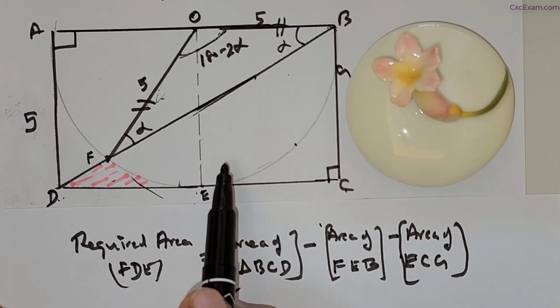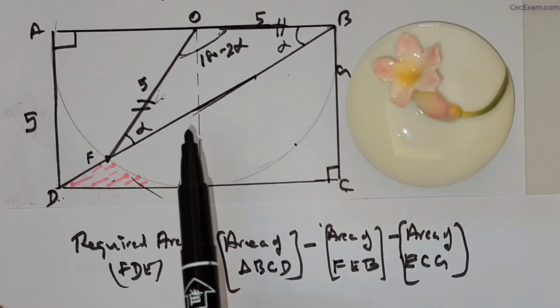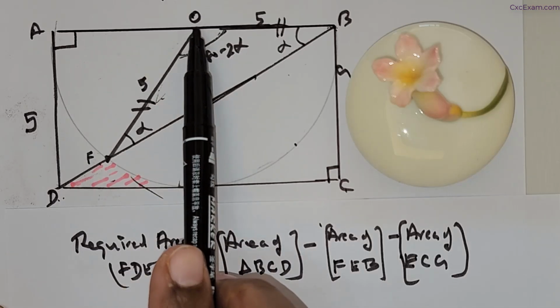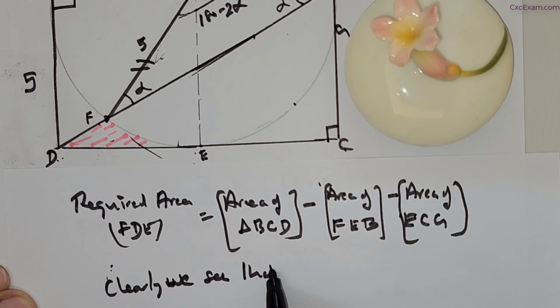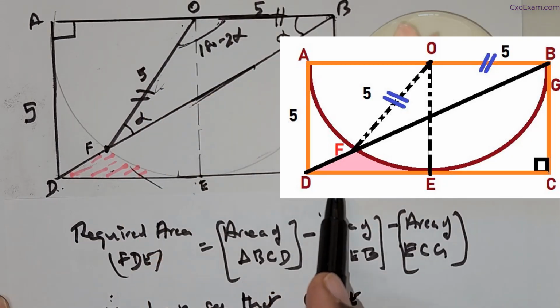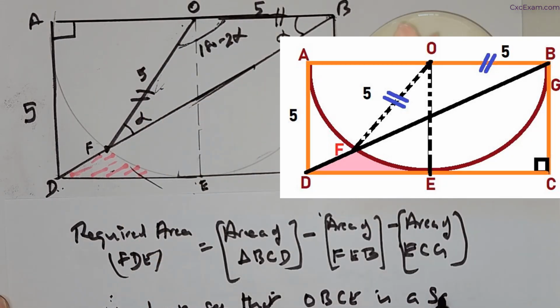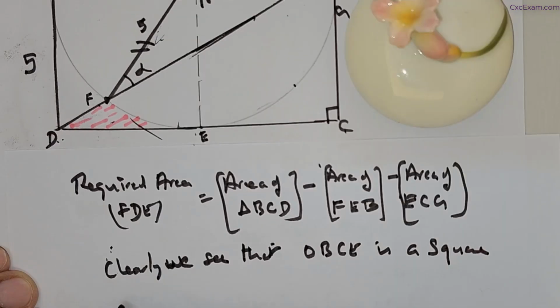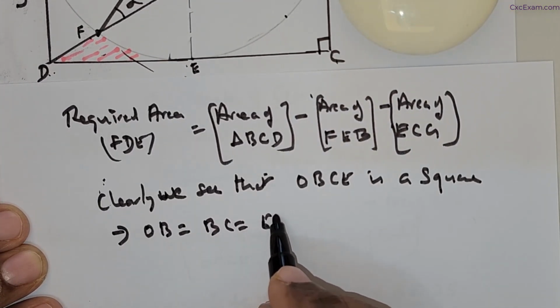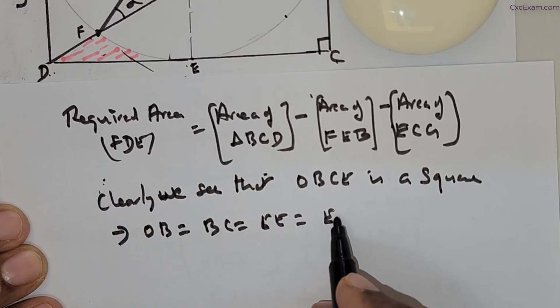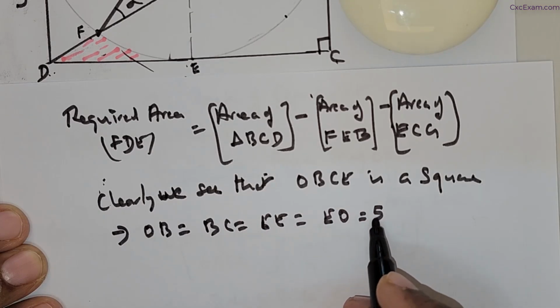So foremost, this is the rectangle. I am actually splitting the rectangle. So clearly we see that OBCE is a square such that OB is equal to BC is equal to CE is equal to OE, which is equal to 5 units.